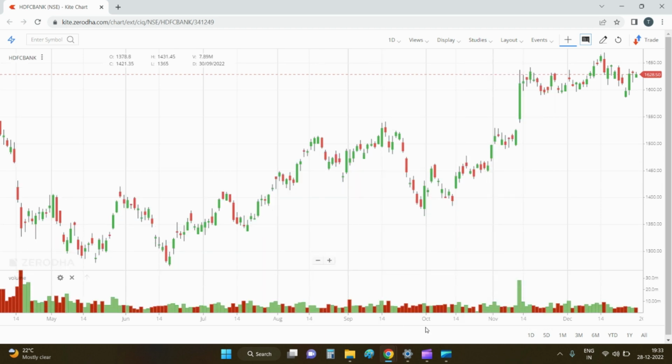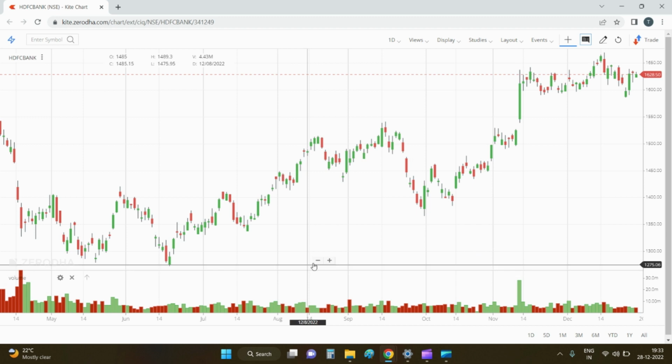Now in the bottom section you can see these red and green candles. Each candle in the bottom shows the volume generated in the stock for that specific period. Suppose we are seeing a 1 day chart. So for one candle of 1 day, it shows the volume on that day.